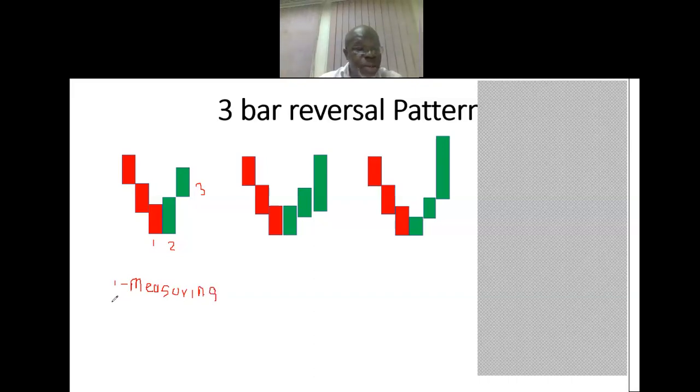The second one is the apex candle. And the third one is the trigger.